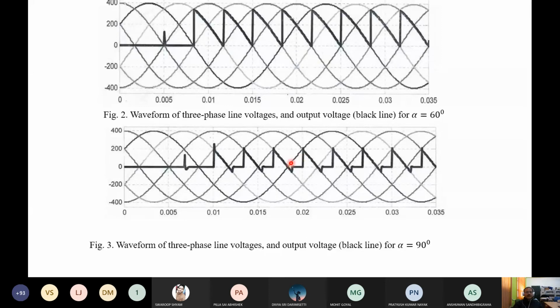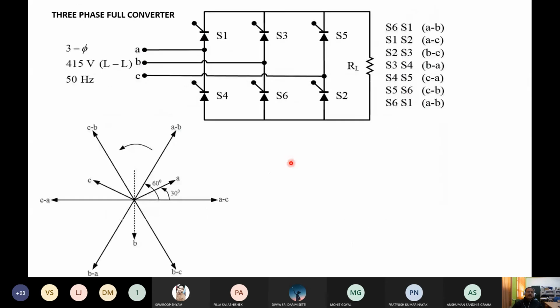Phase voltage only in half wave, 3 thyristors. Here line voltages are appearing. Yes, sir, any two thyristors, any two switches conducting with line voltage, AB or BC line voltage. That is why we have derived the line voltage from the phase voltage.